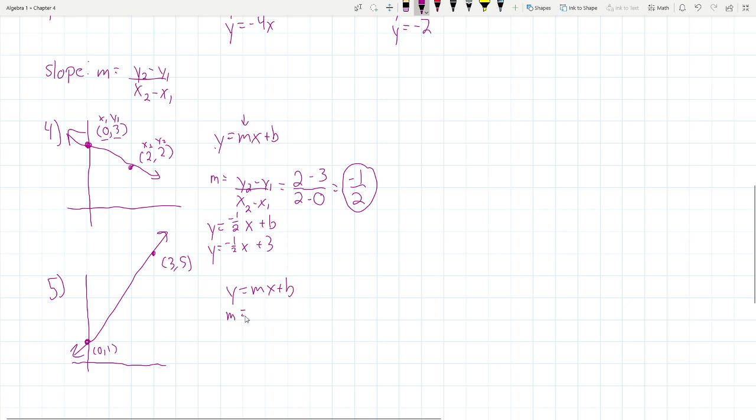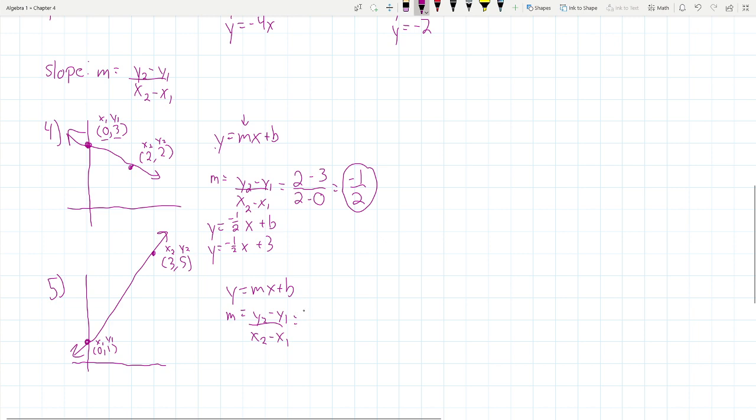I need to find my m. I'm going to call this x2 and this one y2, and then this one x1, y1. So y2 minus y1 over x2 minus x1. Replace some stuff.